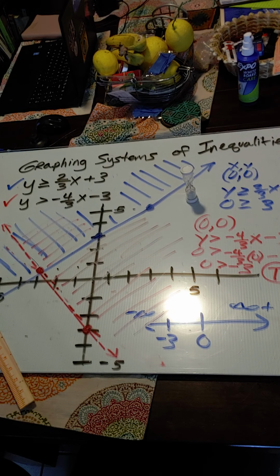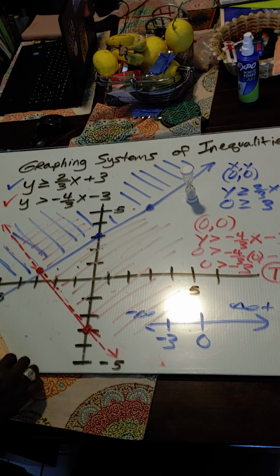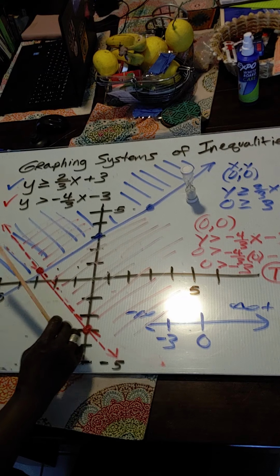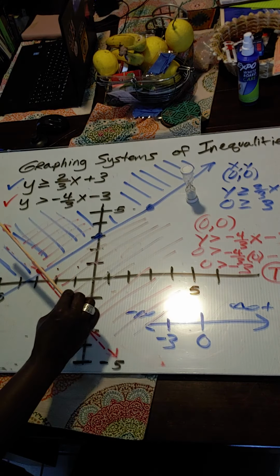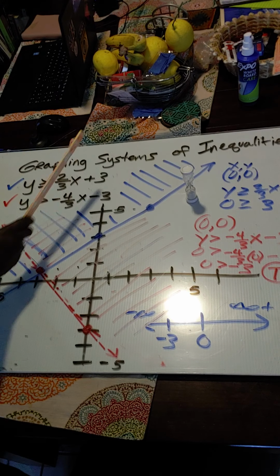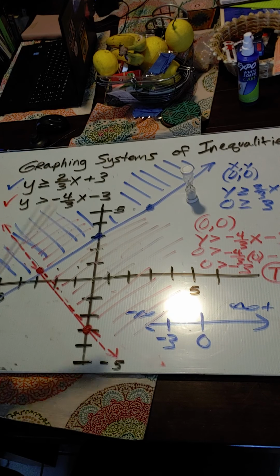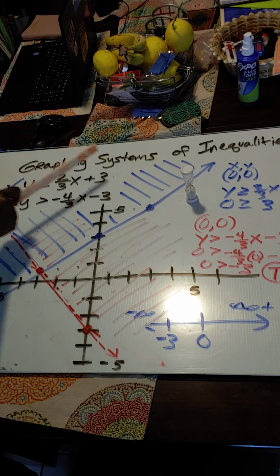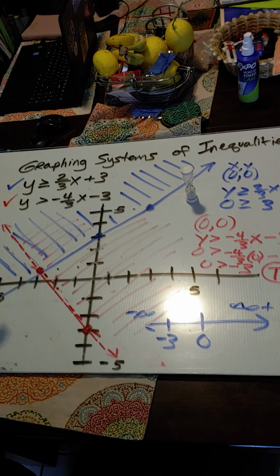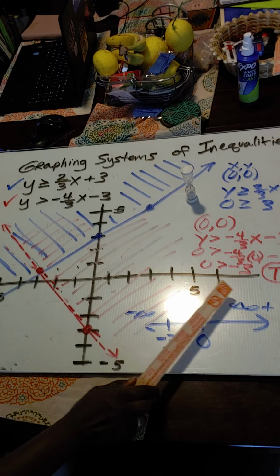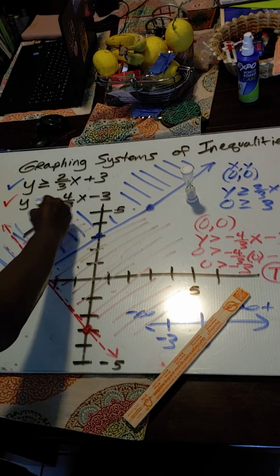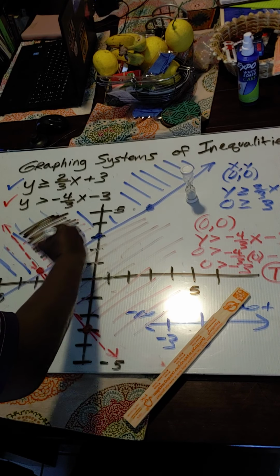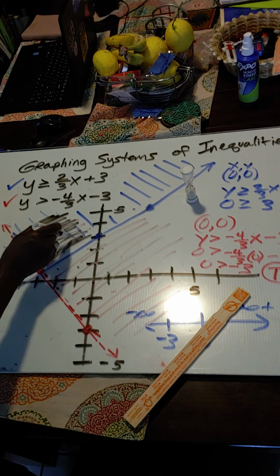And so our solution to this system does not lie in answers that are just red. Our solution to this system does not lie in answers that are just blue. But our solution to this system lies in where our answers are both blue and red, which is right here. Blue and red.